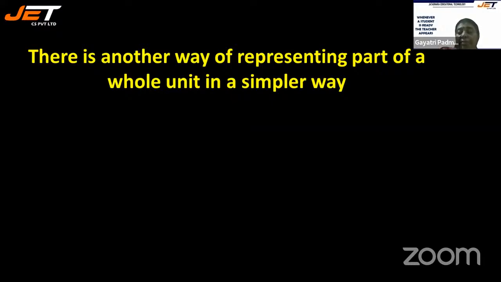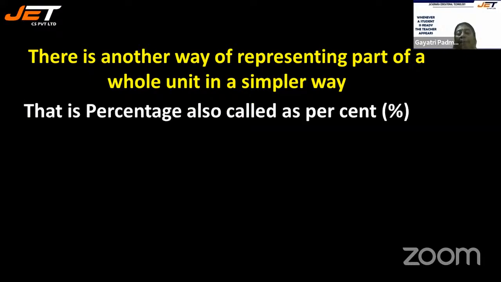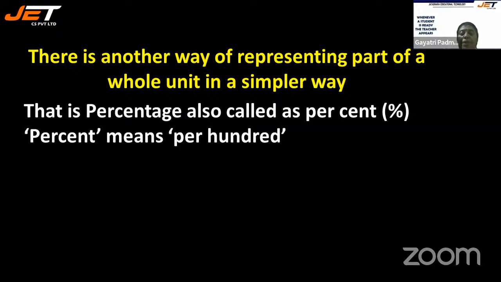Now there is another way of representing part of a whole unit in a simpler way. That is percentage. You are going to represent it in a very simple fashion. Percent means per 100. CENT means centum, 100.